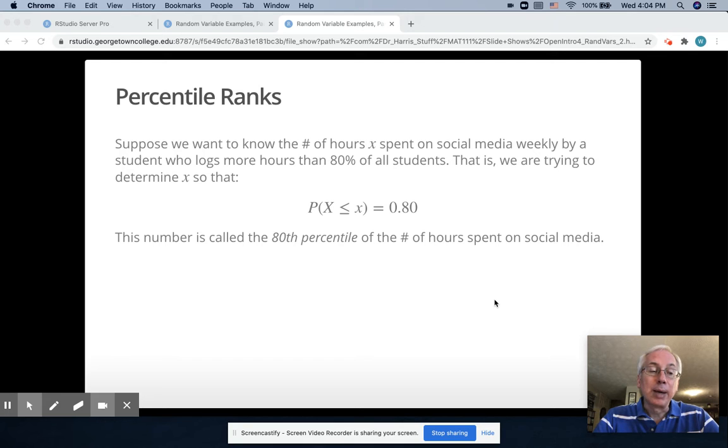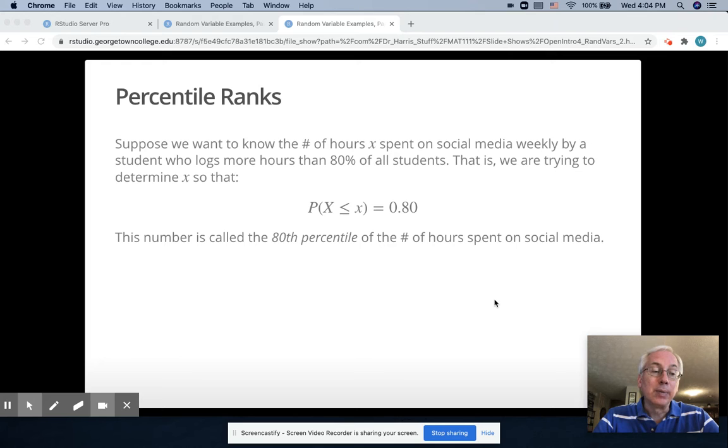In previous examples, we were looking at finding probabilities, and we treated that as area underneath a normal distribution curve. In this case, we're told what the area is, and we're trying to find the range underneath it such that that area is captured over that interval.